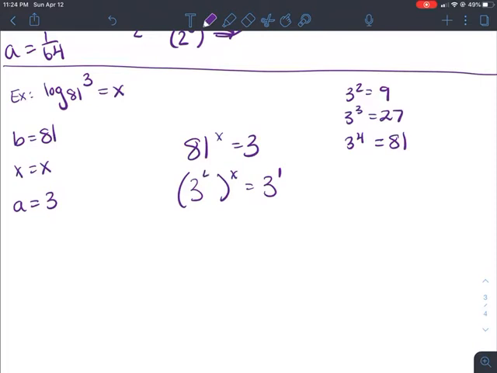So I put 3 to the 4th. Then I rewrite that as 3^(4x) equals 3 to the power of 1. These cancel out, and I get 4x equals 1, divide by 4, and I get x equals 1/4.